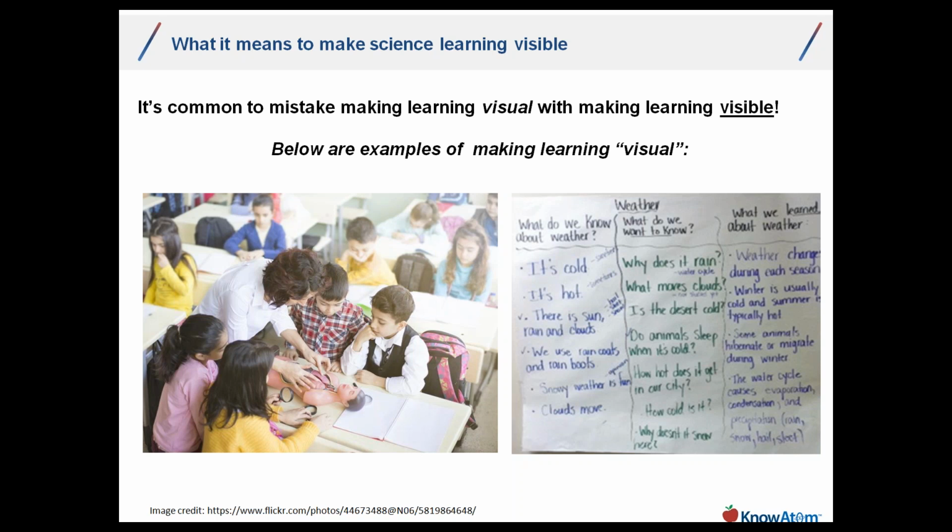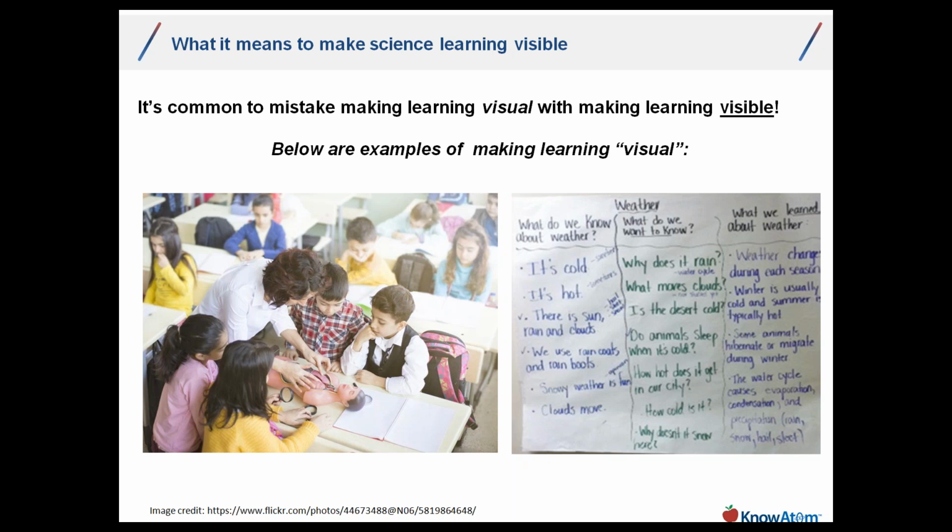Takes a concept and makes it something you can see visually. KWL chart on the right takes something that might be in your mind or a discussion and creates it into a graphic organizer, hence, a visual or a piece of chart paper that's visual on the board.